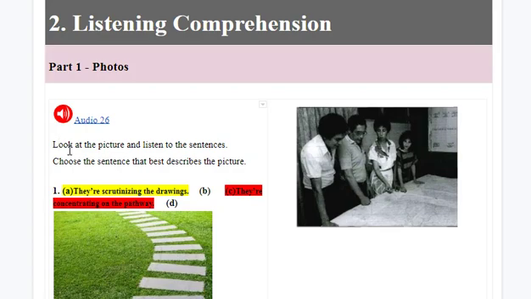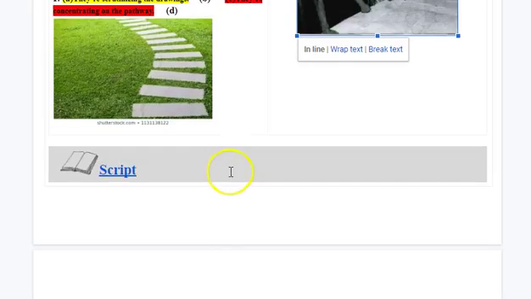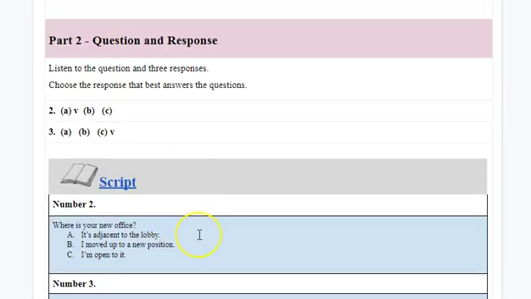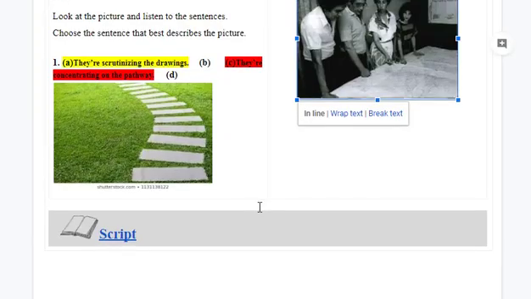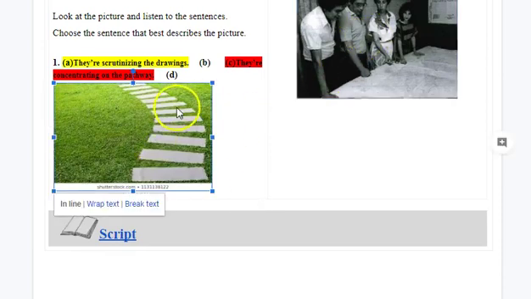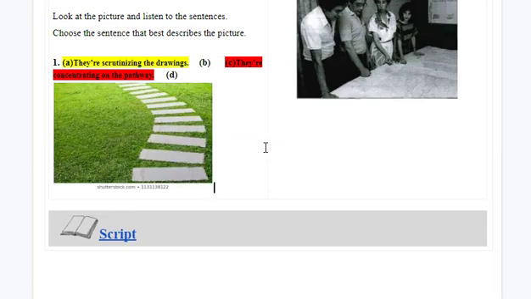So what are they doing? They are scrutinizing the drawings, right? Yes. I just want to know the sentence means concentrating on the pathway is working on the pathway. Oh, okay.